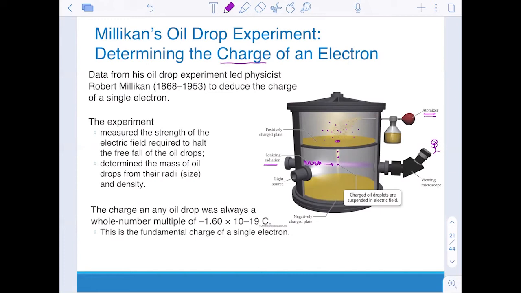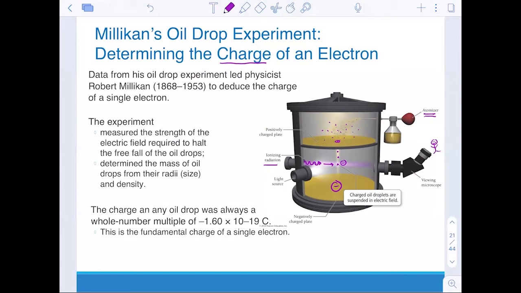And so the negatively charged plate, he understood that likes repel, so the negatively charged plate and the negatively charged electron were able to repel each other at a specific charge of the negatively charged plate. And so what he wanted that one tiny little oil droplet to do was be suspended in an electric field, stop, hover.